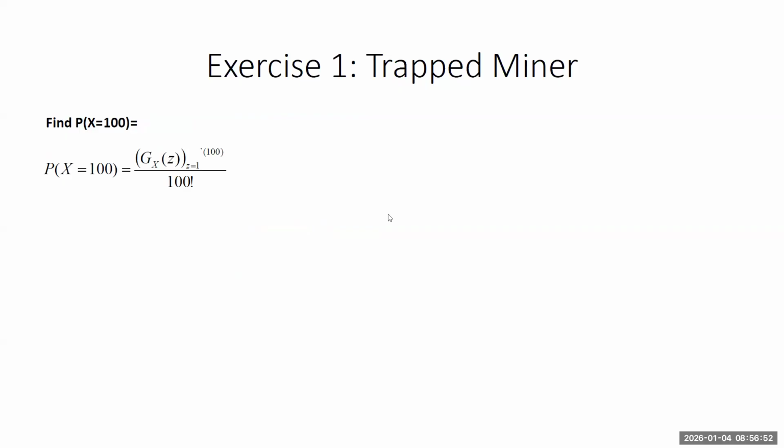The idea is very simple, but the realization is not very simple. For example, to find the probability that x equals 100, we can take the generating function of x, find the derivative 100 times, substitute z equals 1, and divide it by 100 factorial.